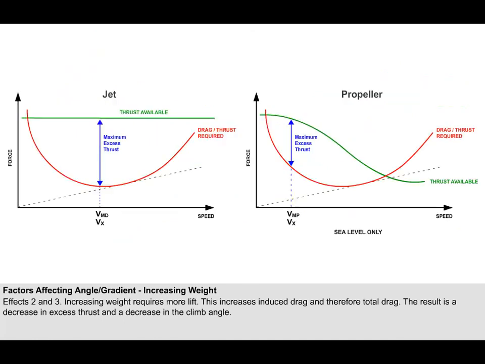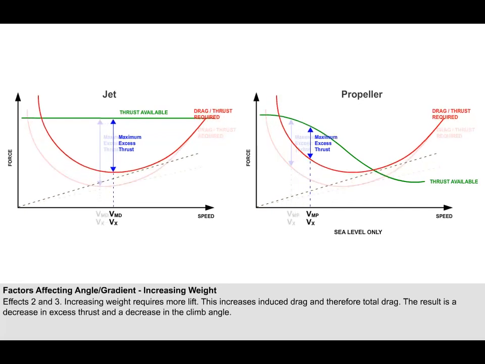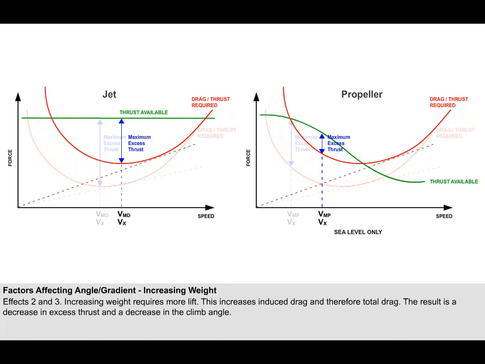The fact that increasing weight moves the total drag curve up and right is an important one to remember and understand. Returning to the excess thrust graphs for the propeller and jet aeroplane, it is now possible to see the effect of the movement of the total drag curve. Increasing weight moves both total drag curves up and to the right. Notice, as mentioned earlier, that there is a decrease in the excess thrust available, and therefore a decrease in the maximum achievable climb angle.